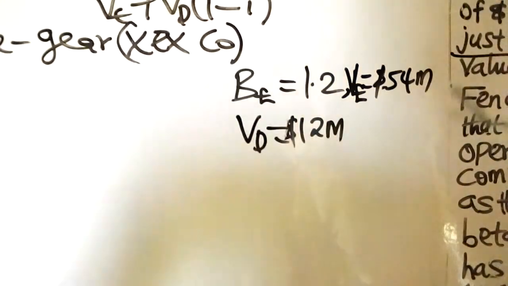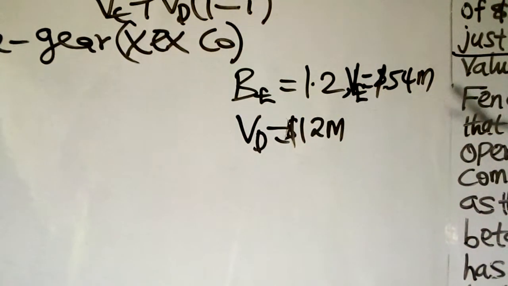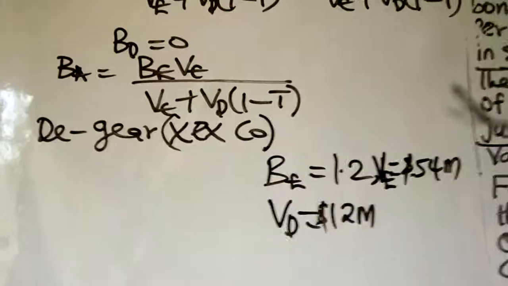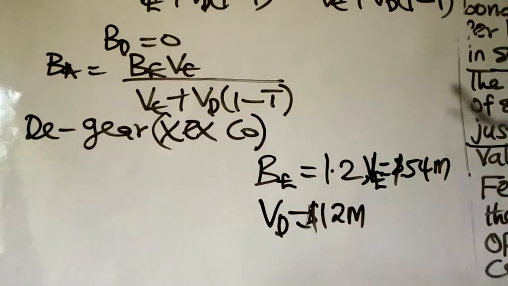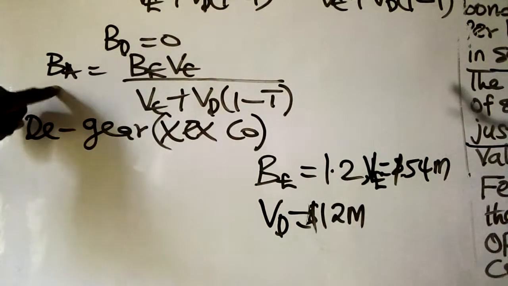Now to ungear HESCO, you substitute into this formula in order to obtain the asset beta.